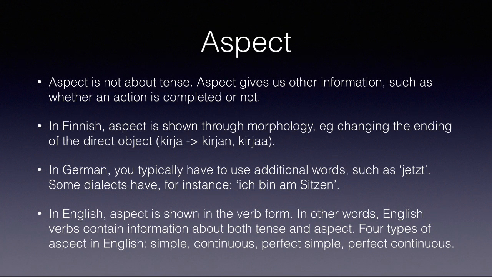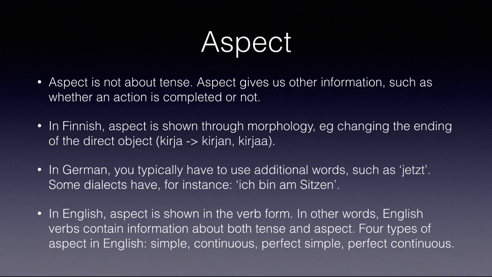In other words, English verbs contain information about both tense and aspect. There are 4 types of aspect in English: simple, continuous, perfect simple, which we normally in language teaching just call perfect, and perfect continuous.